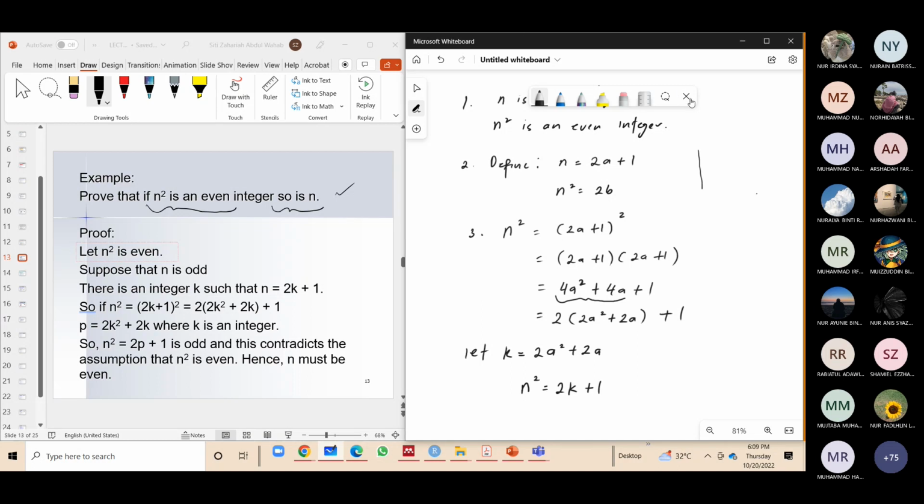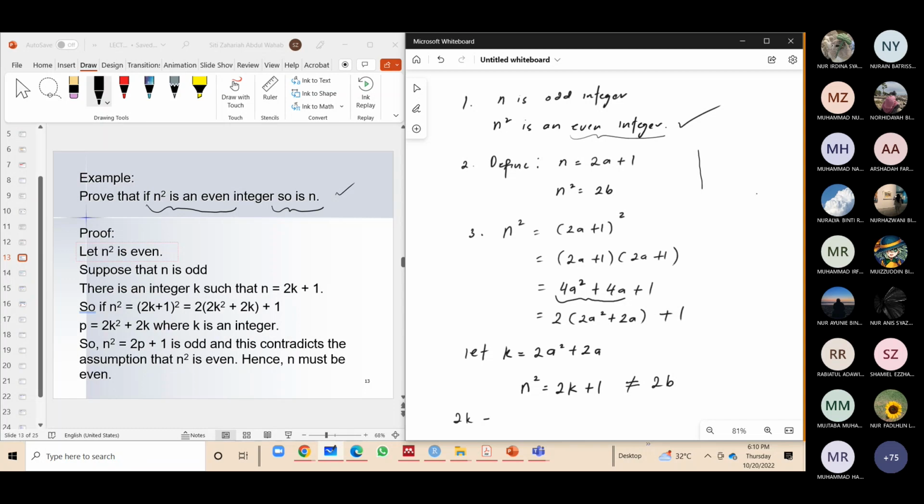But in our assumption, we say that n square is an even integer. So this contradicts the assumption. In our assumption, n square equals 2b, right? It's different from 2b.